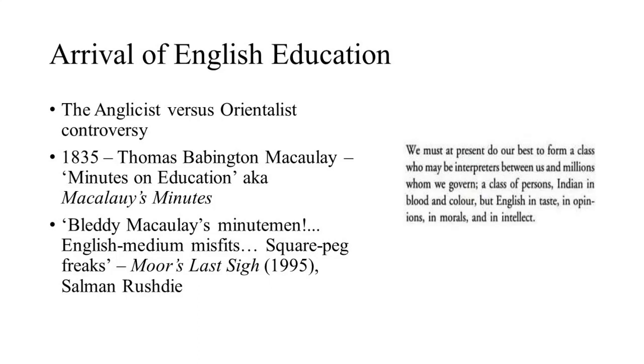The group of people who are created, as described by Macaulay, the interpreters of Macaulay's Minutes, are described later, in 1995, in the novel The Moor's Last Sigh by Salman Rushdie as "Bloody Macaulay's Minutemen, English medium misfits, square peg freaks."